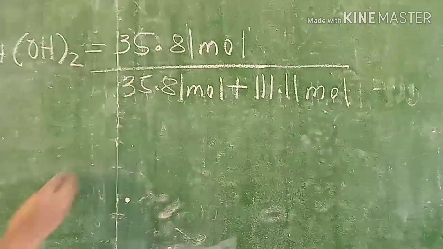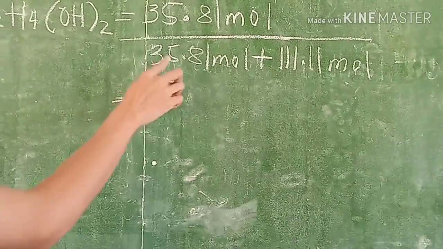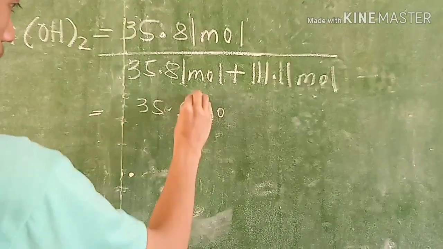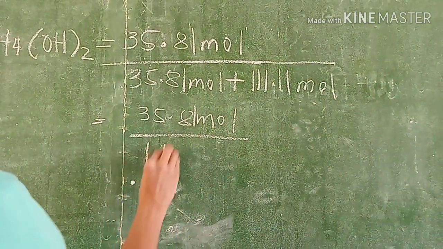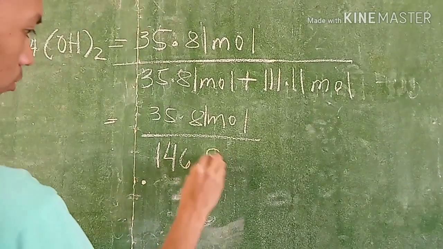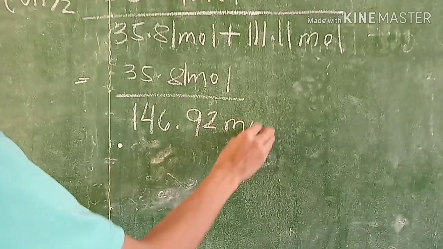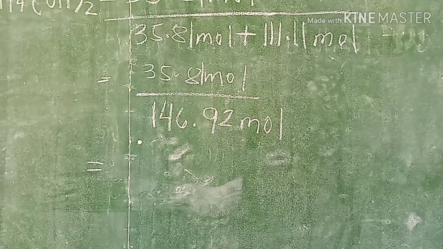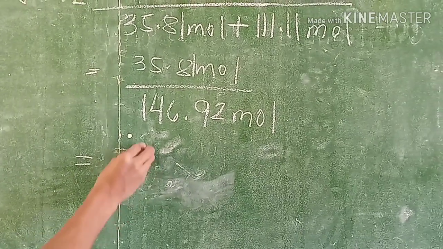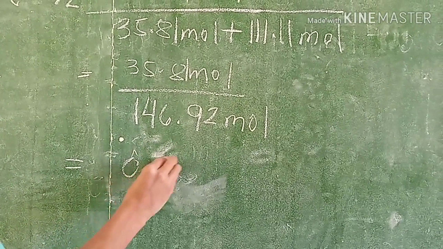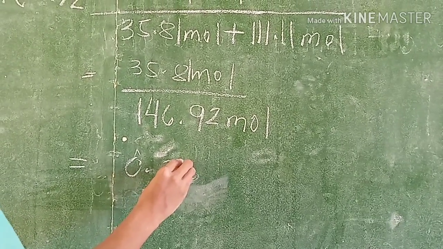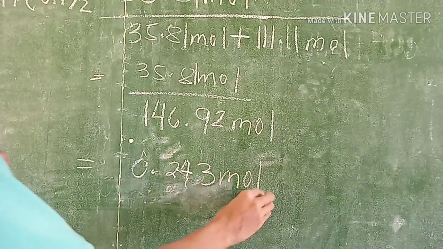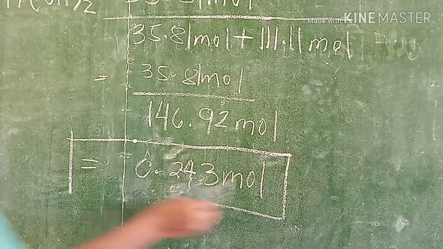And then we add those two in the denominator, which results in 146.92 moles. Then the answer for the mole fraction of ethylene glycol is 0.243. So there you have it. The mole fraction of the ethylene glycol is 0.243.